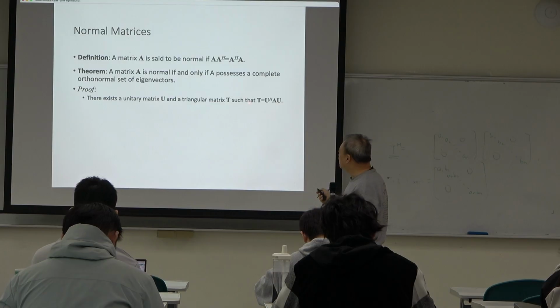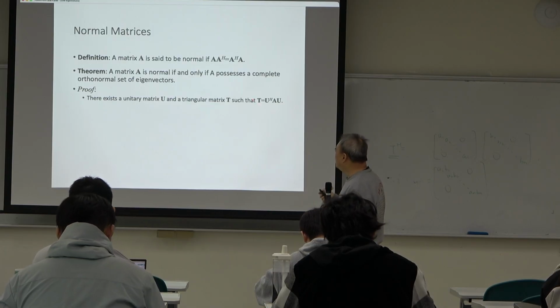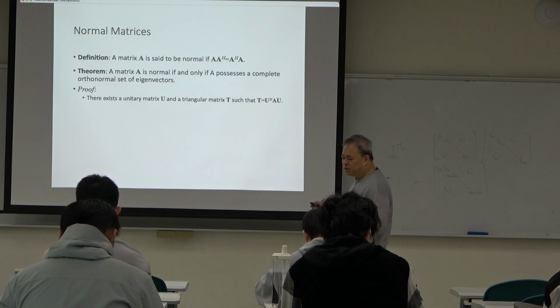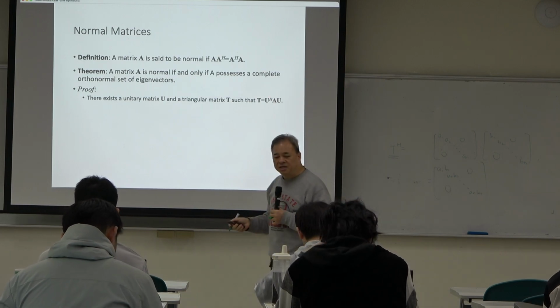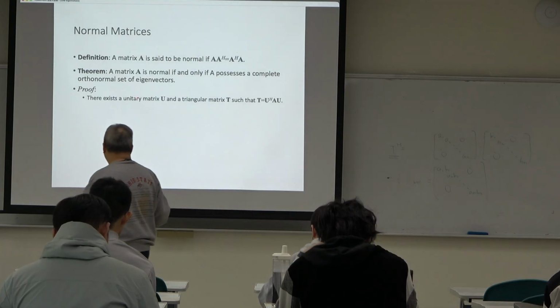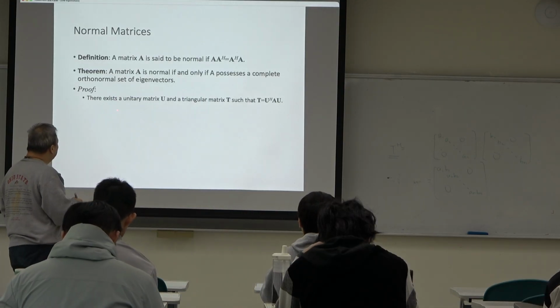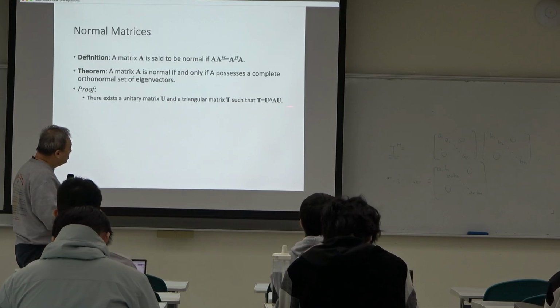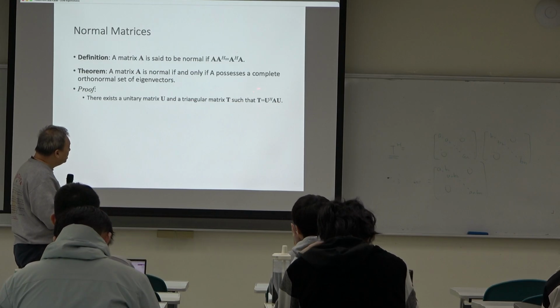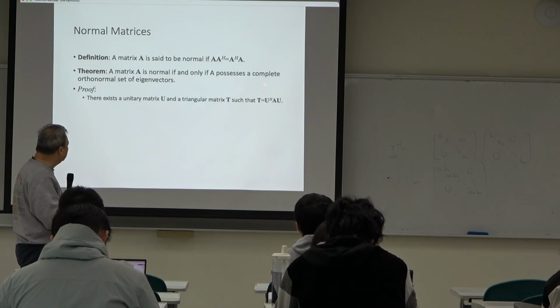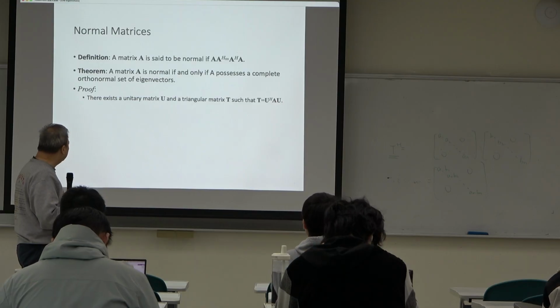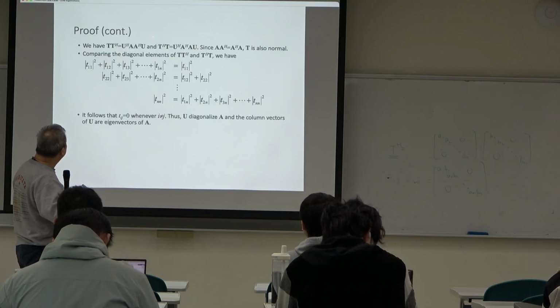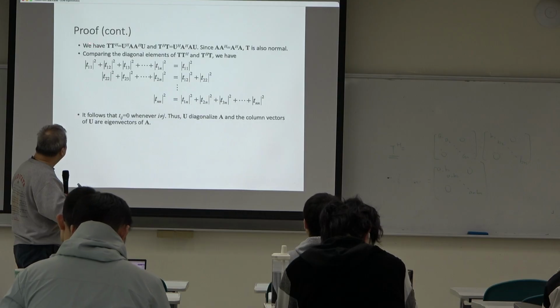We know that for any matrix A, we have that. This is from the Schur theorem, the Schur decomposition. For any matrix, we can find a unitary matrix U such that T equals U^HAU, where T is upper triangular and U is a unitary matrix.